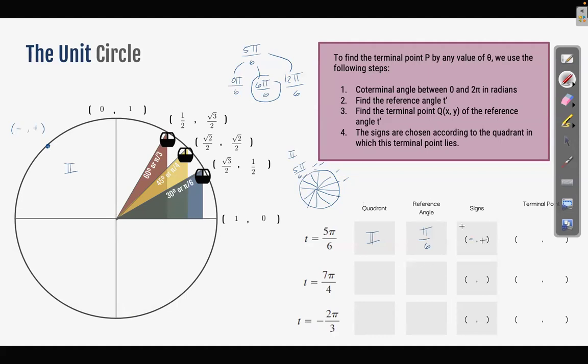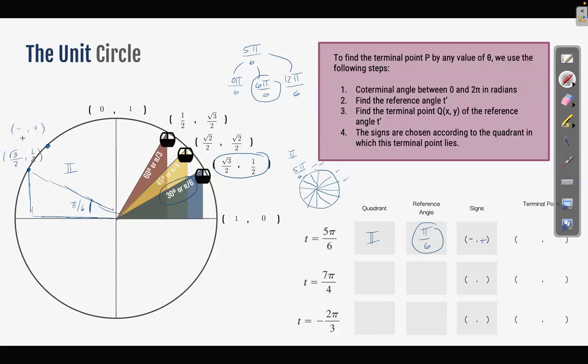Now, the terminal point is based on the reference angle. So if the reference angle is pi over 6, we're going to be using that specific angle. If you think about pi over 6, it's having a reference angle of pi over 6 over here and producing the same coordinate, square root of 3 over 2, comma, 1/2.